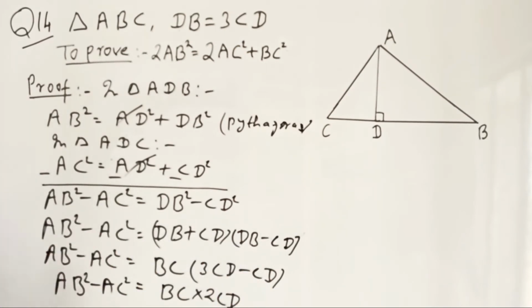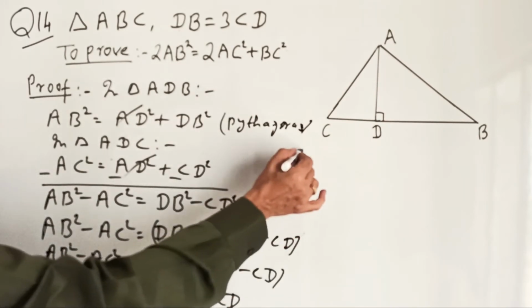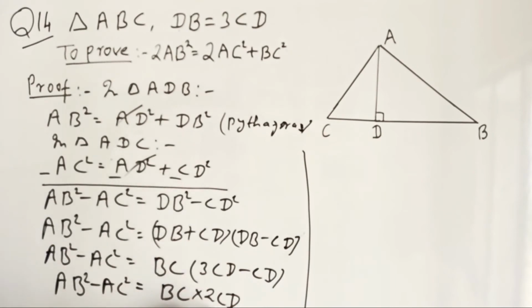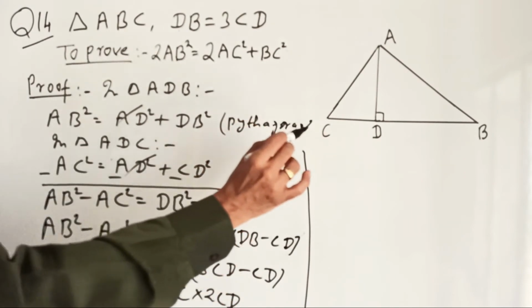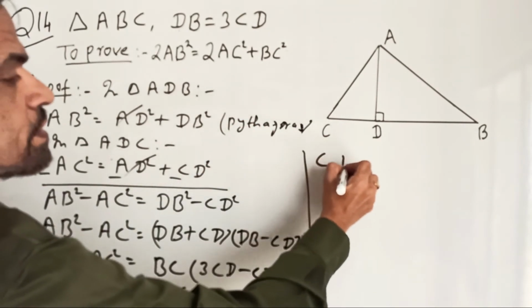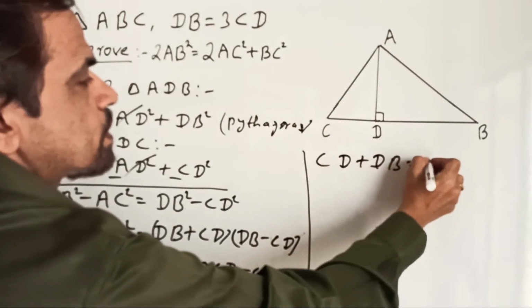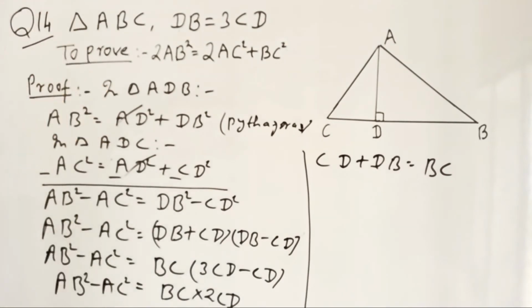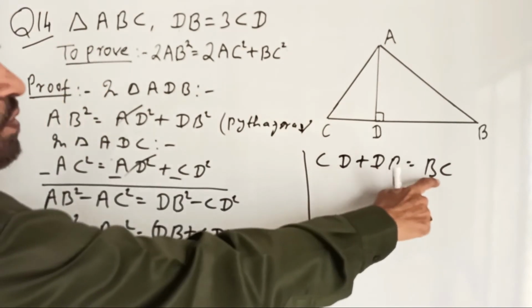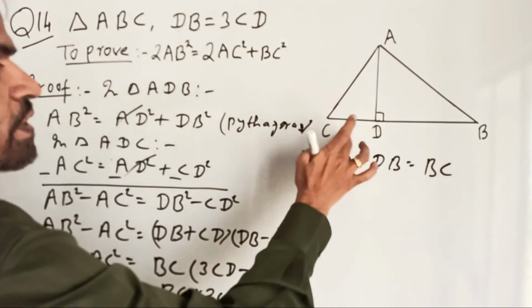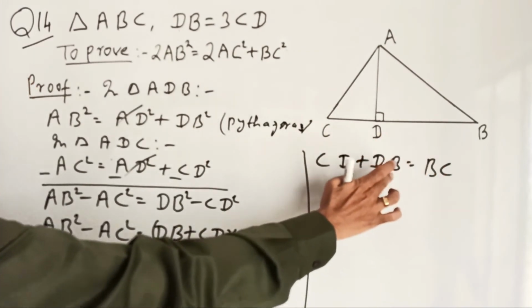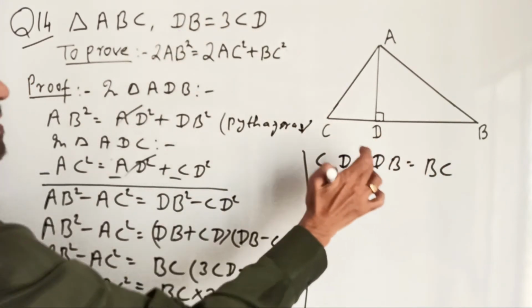Now listen students, we need BC, so we got the BC also, but we don't need the CD. So for CD we have to make some effort. Can we write CD plus DB is equal to BC? CD plus DB is equal to BC because BC is made of CD and DB. Now in place of DB again I am writing 3CD.